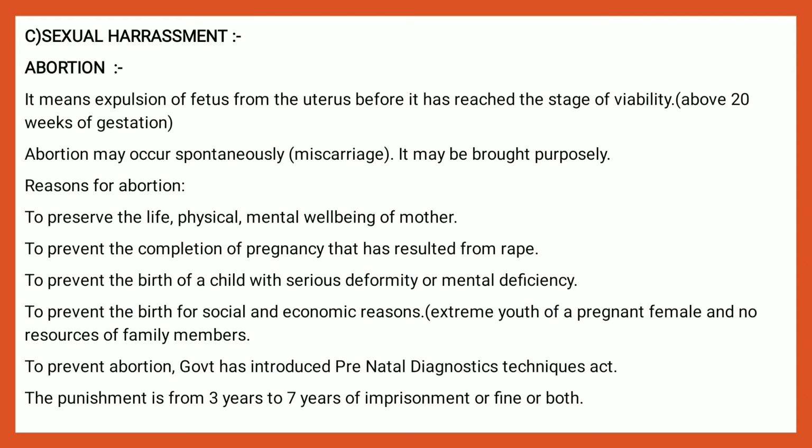So, what is the punishment for abortion? Section 312 says, first, whoever voluntarily causes a woman with child to miscarry, and the miscarriage is not in good faith, not for saving the life of the woman, then he is punished with imprisonment which may extend to 3 years or fine or both.